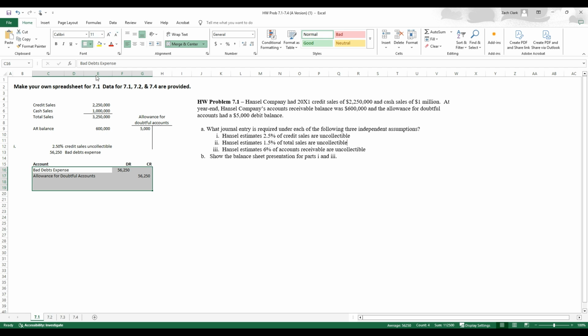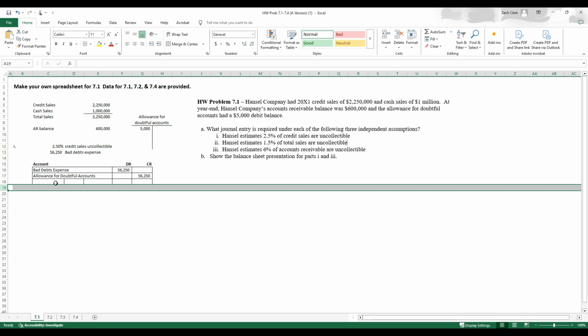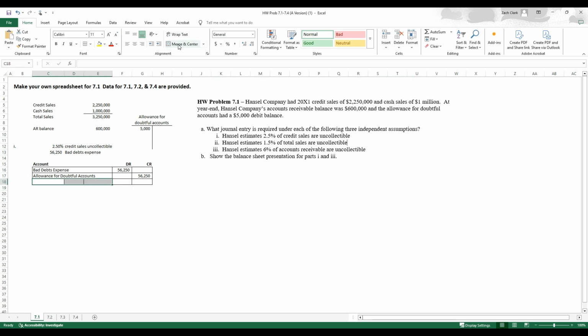Actually, I'm going to make it relatively small. We'll just copy it for the other ones down. Let's merge these, format there. Oh, let's do our indentation again. And let's say estimate bad debts, and we'll just say 2.5% credit sales. Okay, so that's our journal entry that we would need.